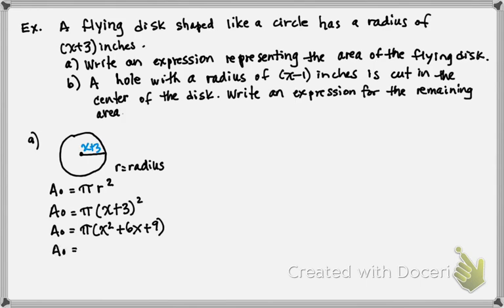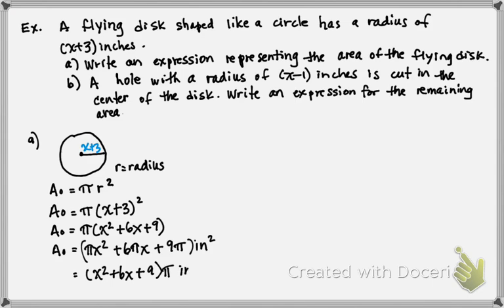Answer 1 is to distribute: pi x squared plus 6 pi x plus 9 pi square inches. Or you could say x squared plus 6x plus 9, times pi, square inches. Either way. That was pretty easy.